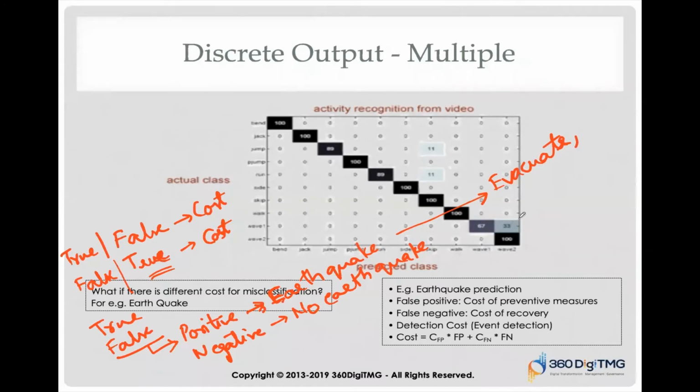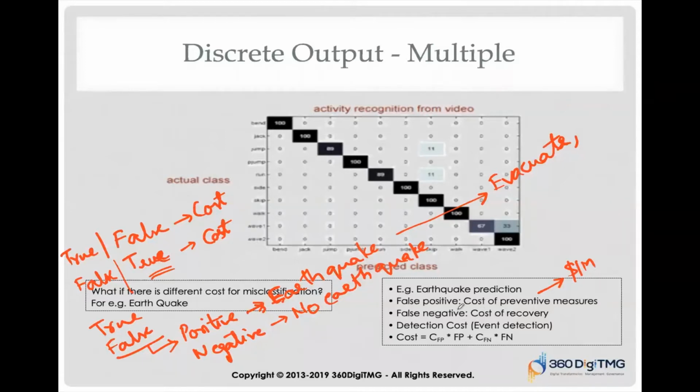They will transport all the important equipment to other locations, to safer zones. All these preventive measures will cost you, and the cost associated with that is the cost of preventive measures. Say for a specific earthquake in a region such as Hyderabad, for example, it is going to cost you $1 million to evacuate people in certain locations.